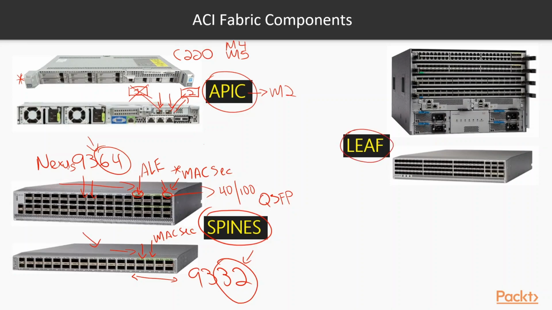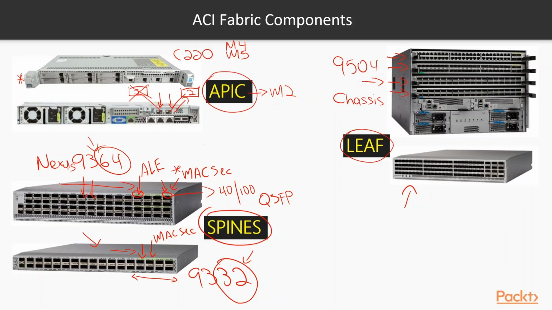And finally, we have the leaf. I would say the leaves are kind of the workhorses. They do all the magic in the fabric. They forward traffic, they encrypt traffic, they route traffic, they do everything. The leaves, in this case, come in 2 form factors. There is a chassis-based leaf, a 9504, with 4 line cards available for port density.